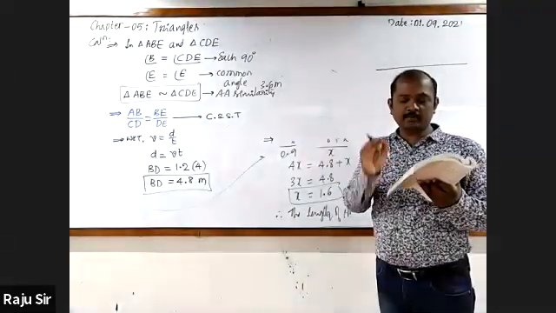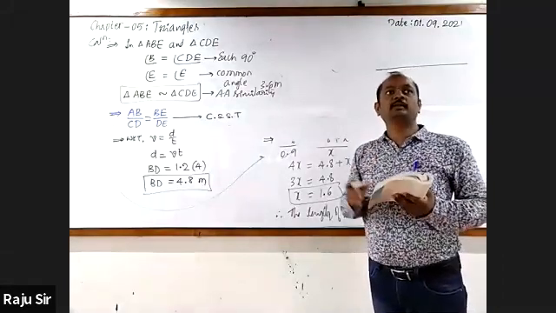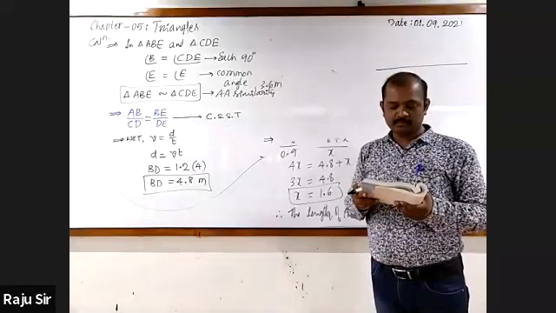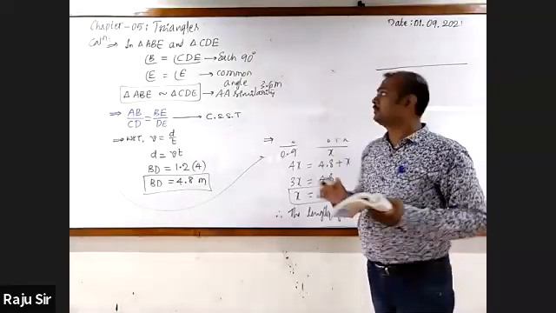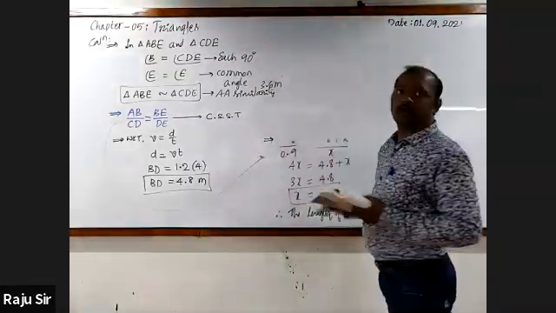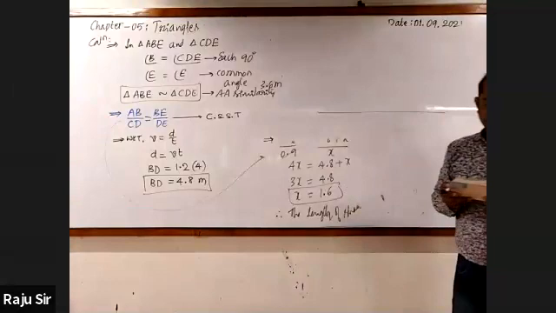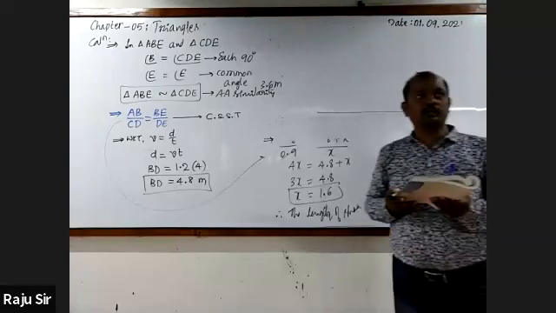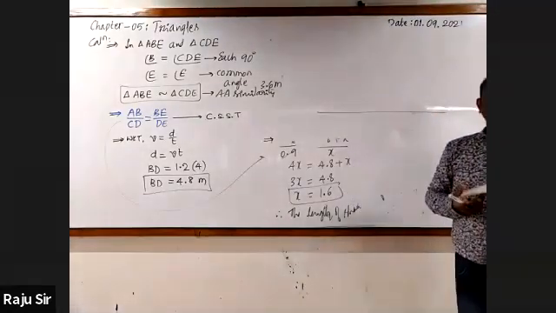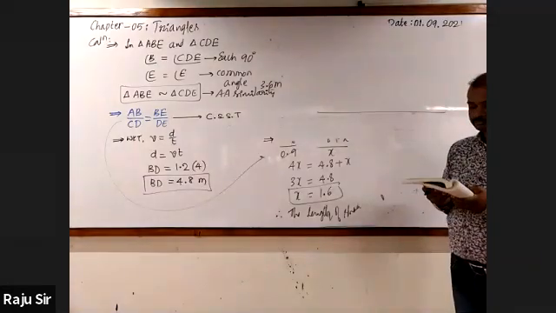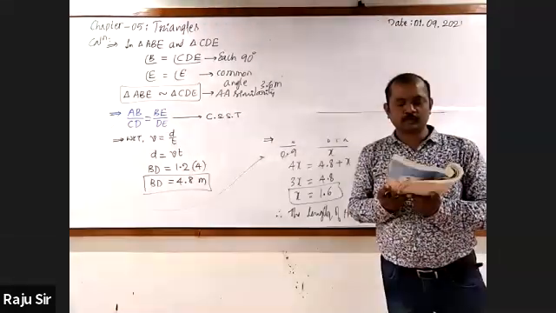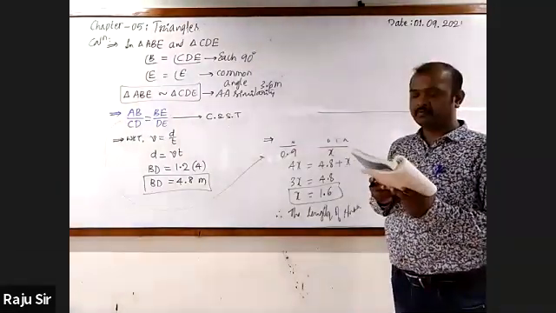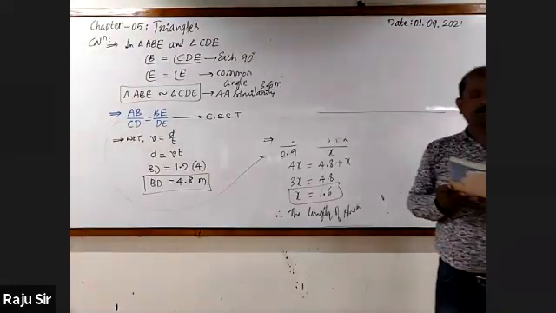And at the same time, a tower casts a shadow 28 meter long. Full stop. Find the height of the tower.